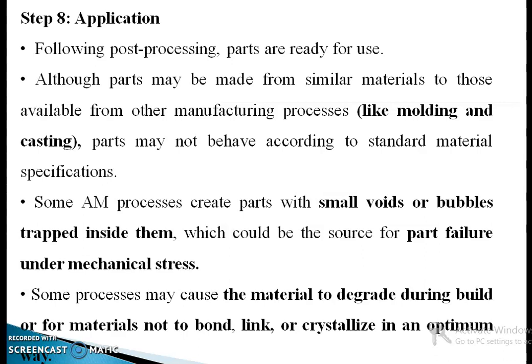So we need to identify the voids and the bubbles trapped inside the component, to avoid trapping air bubbles inside the component. Some processes may cause the material to degrade during build, or materials not to bond, link or crystallize in an optimum way. Means your first layer will stack to the second layer, because it is molten metal or molten material, layer one above the other.